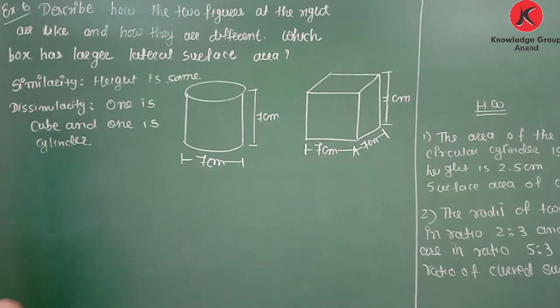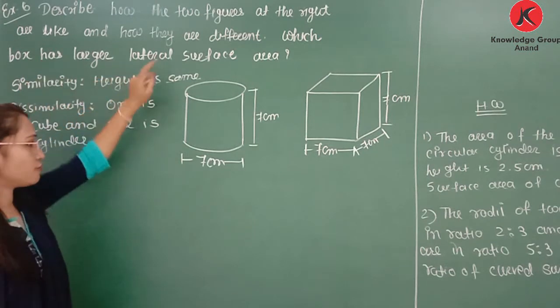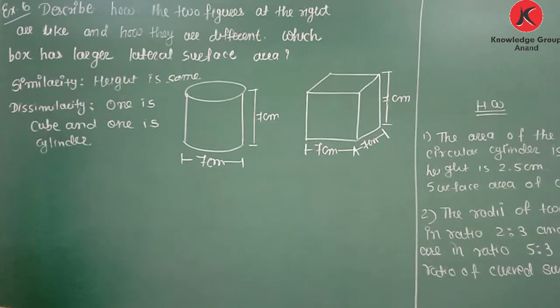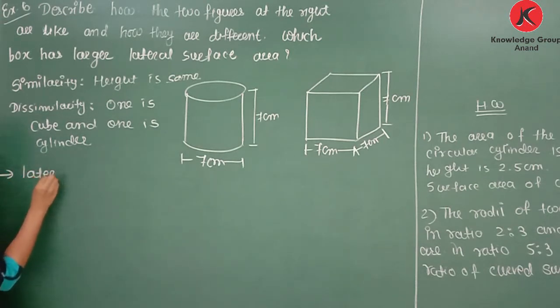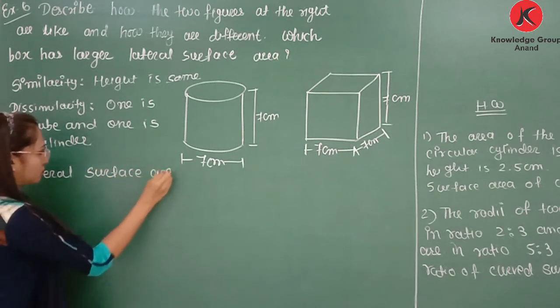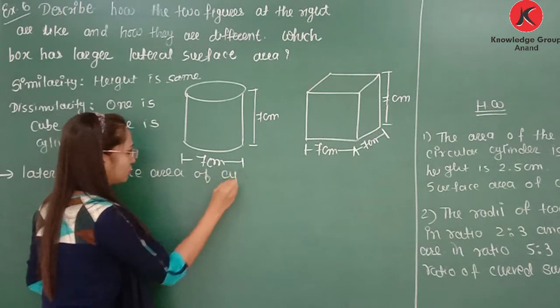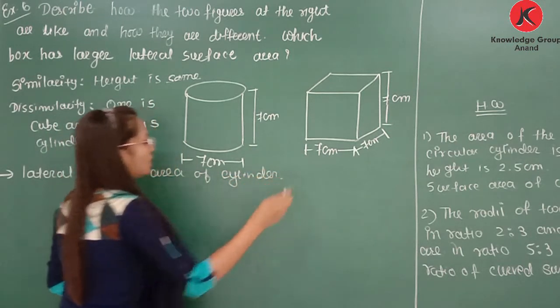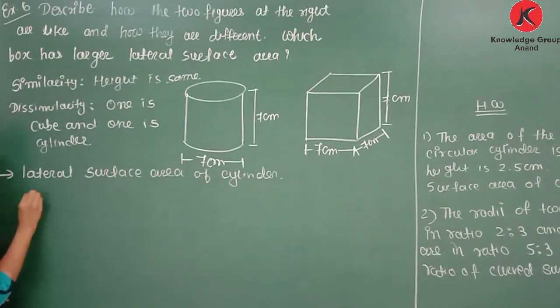Now, next question is find the lateral surface area and we need to compare whose lateral surface area is more. So let's find the lateral surface area for a cylinder. Now in a cylinder, diameter is given 7 cm.